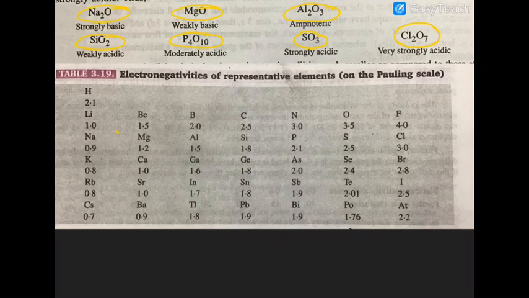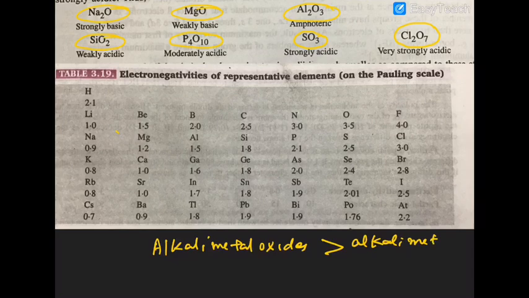alkali metal oxides are more basic than alkaline earth metal oxides, and alkali metal oxides are more basic than D and F block oxides.